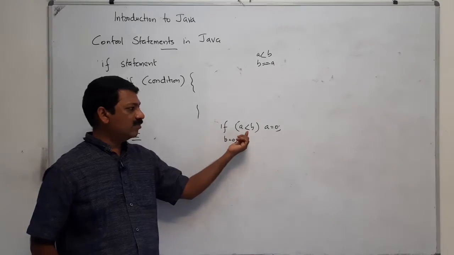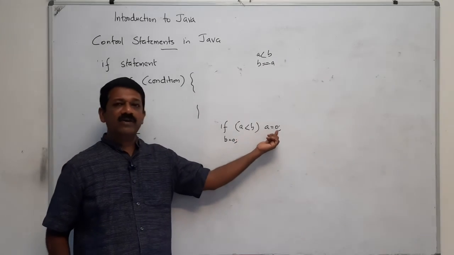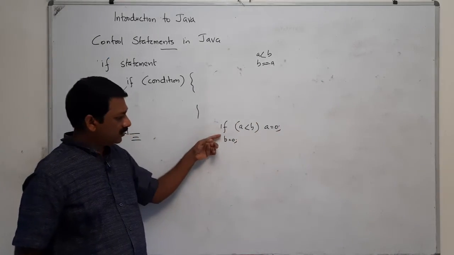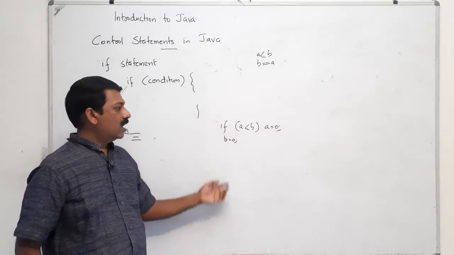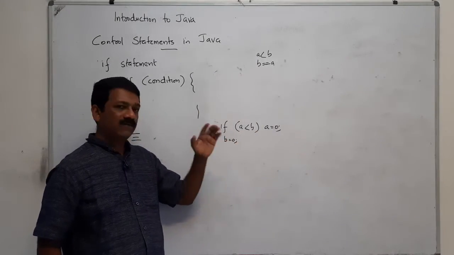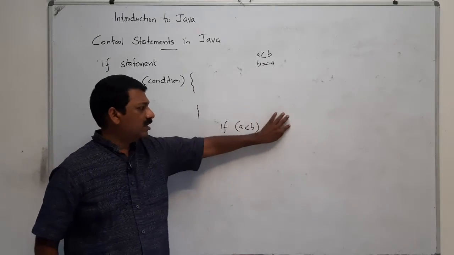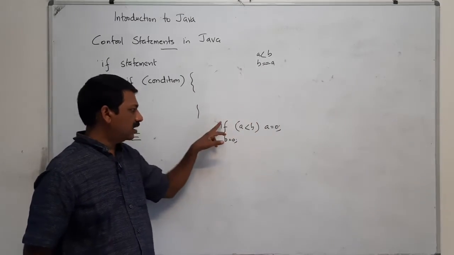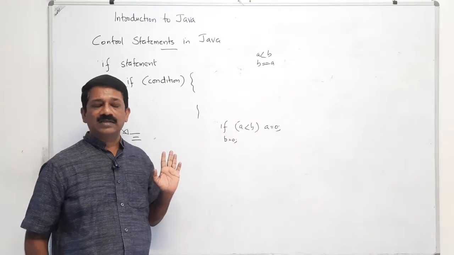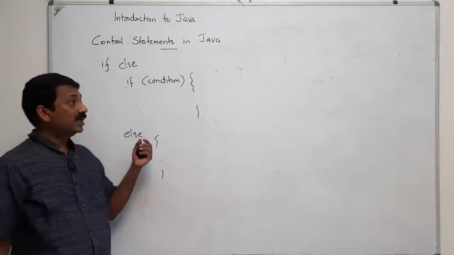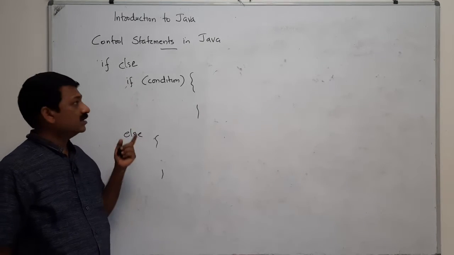If a is less than b, then a is assigned the value 0, and after that it will execute b equal to 0 and so on. And if a less than b evaluates to false, then this statement is skipped and control is transferred to the next statement after this.